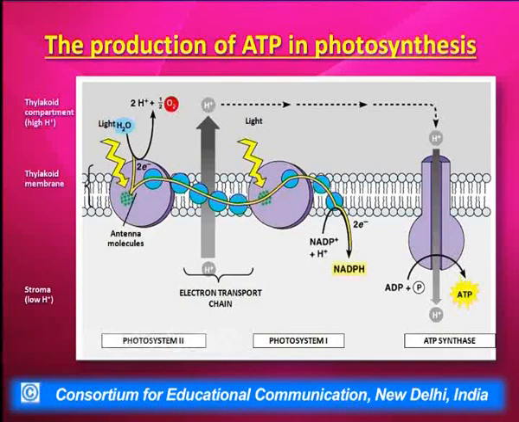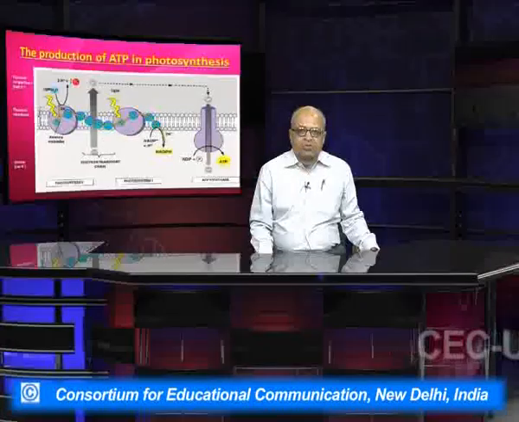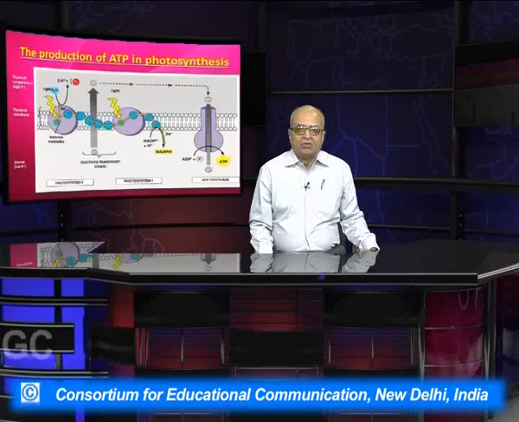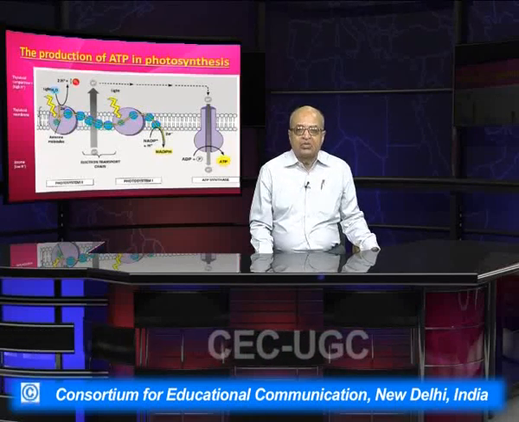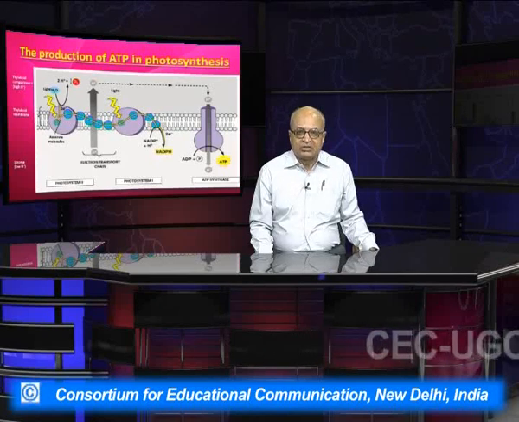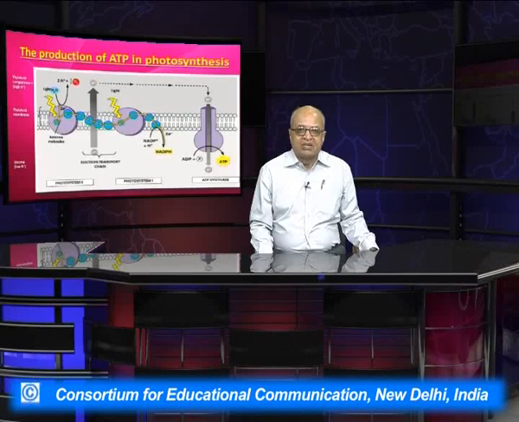And we also know at great length about the electron transport chain which is involved in oxidative phosphorylation. But then do we have a parallel in case of chloroplasts? Have these two organelles evolved in a parallel manner?